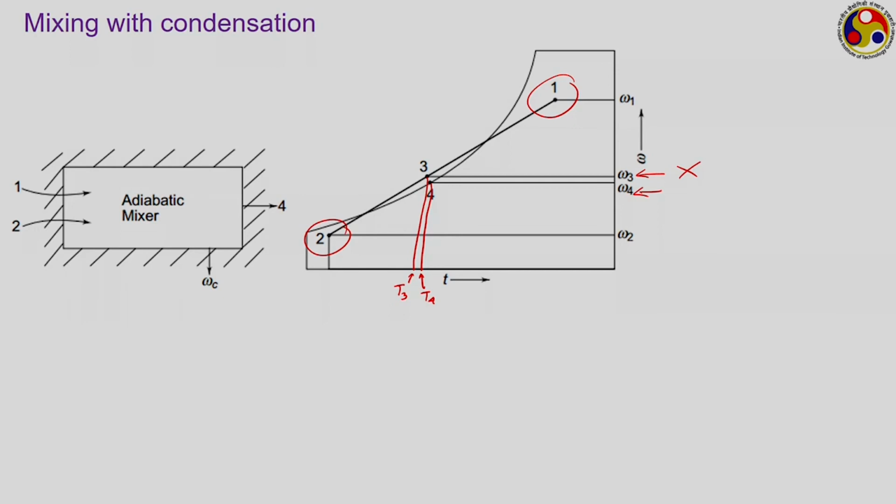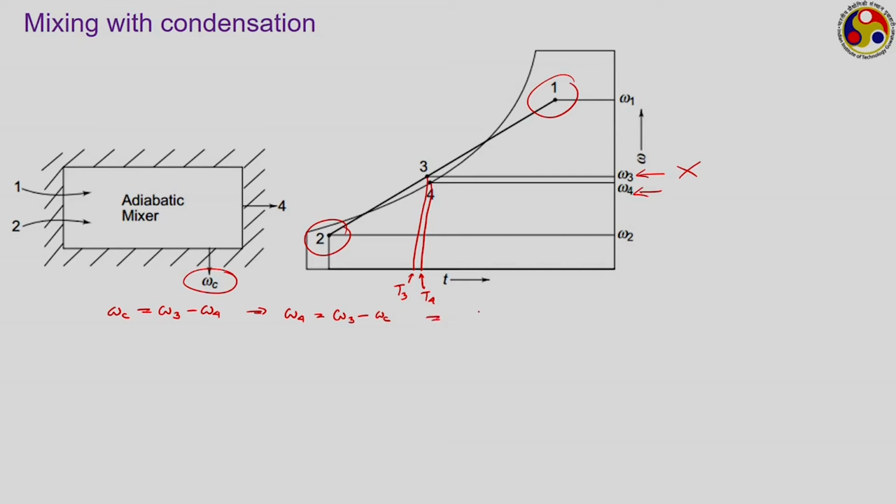Now, in order to identify the magnitude of omega c, which refers to the mass of condensate that has been collected, that gets separated out, look at this point 4. So, what will be your omega c? Omega c is the difference between the specific humidity at 3 and 4. So, this is nothing but omega 3 minus omega 4, and therefore omega 4 will be equal to omega 3 minus omega c.